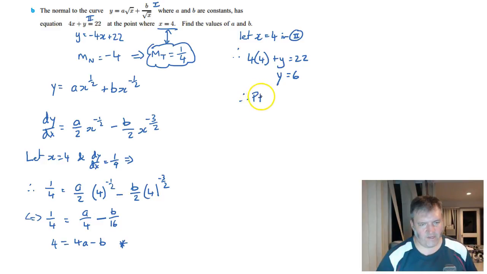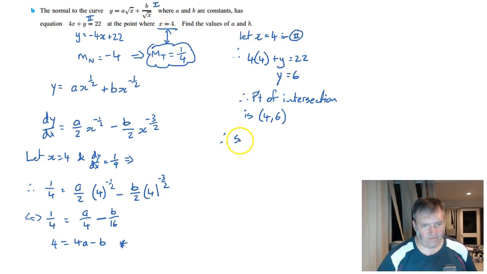Therefore, the point of contact, or in this case, the point of intersection, where the normal intersects the curve, is at 4, 6. Well, that means if I substitute 4, 6 into the original equation, I will be able to get another equation in terms of a and b.